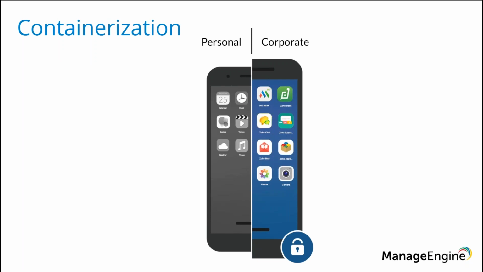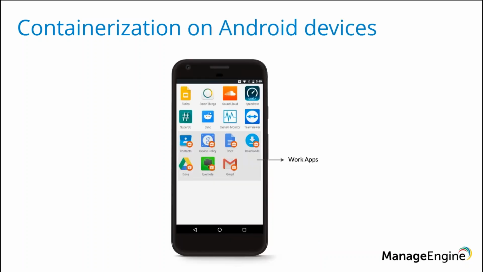This makes sure that it separates your corporate workspace from the personal workspace itself. On Android devices, by default, if you enroll your Android devices, we would create a container on your devices to make sure that any application that is distributed by the MDM solution falls within that container, which is encrypted so that no communication data would go from the encrypted space to the personal space itself.